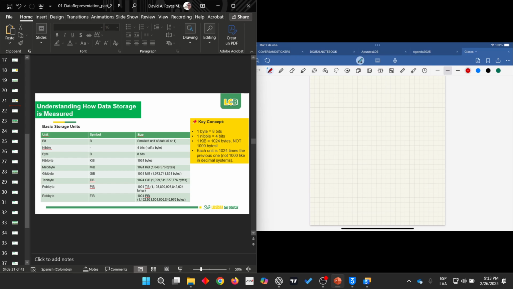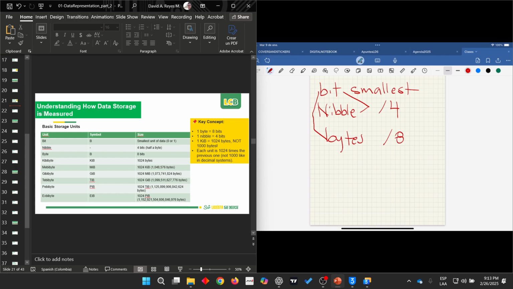Because if you have a byte, it is the smallest measurement unit in the computer. The next one is nibble. So if you want to pass from bytes to nibble, you need to divide by 4. If you want to pass from bit to bytes, you need to divide by 8.